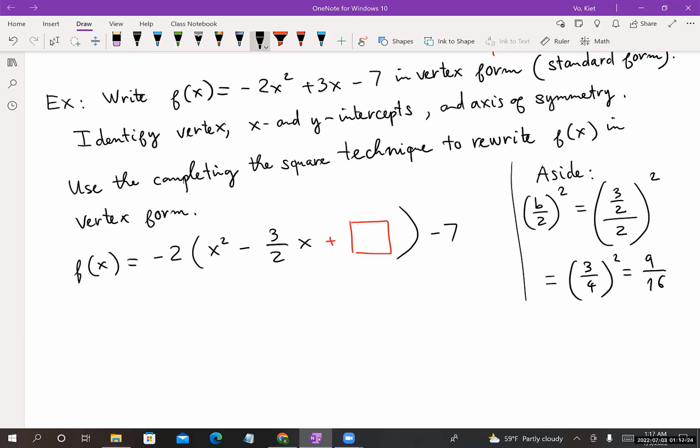Okay, so here I would have this equal to -2 times x squared minus 3/2 x plus 9/16.